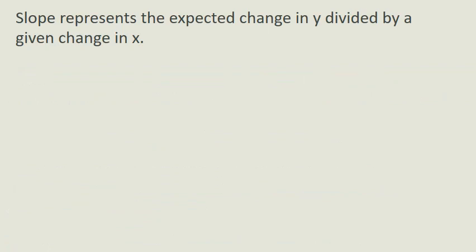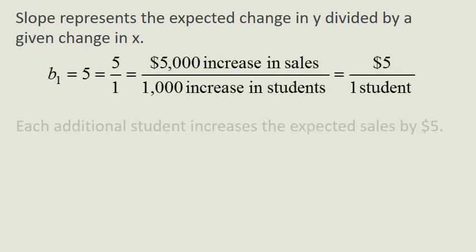Next, I want to interpret the slope coefficient, and this is probably the most important number in the equation. If you already understand the slope of a straight line, this is going to be easy for you, but it's so important that I want to review it. Slope is change in y over change in x. Since the best fit line represents the expected value of y, the slope represents the expected change in y for a given change in x. Generally, the easiest thing to do is consider a change of 1 in x.